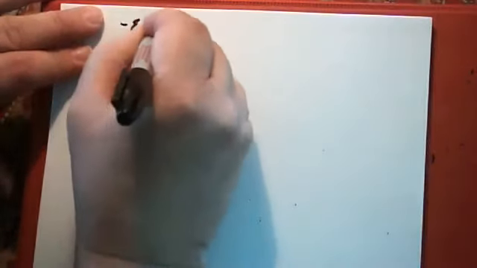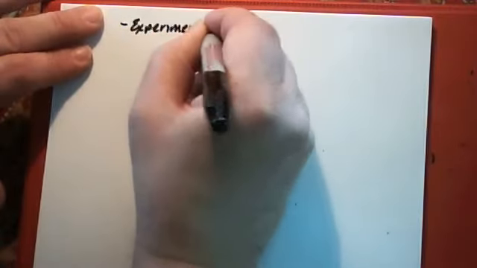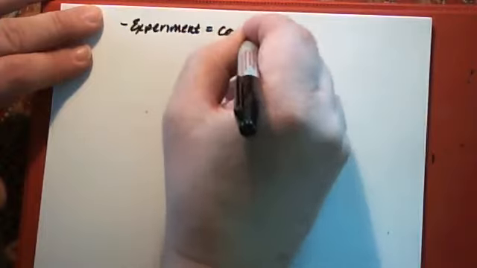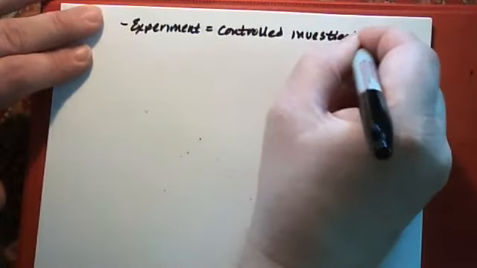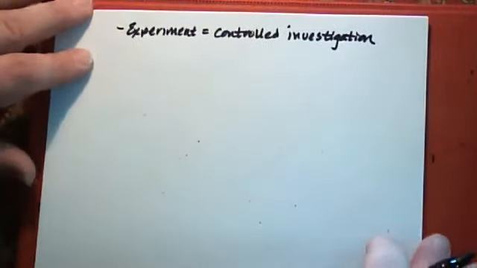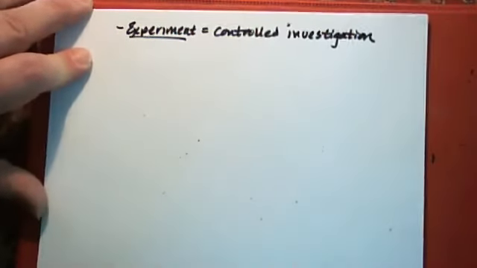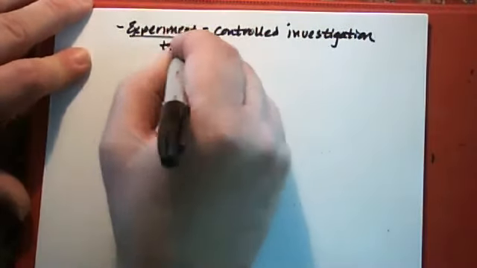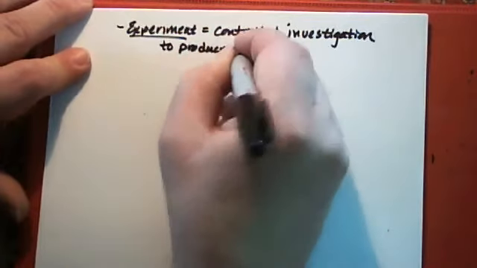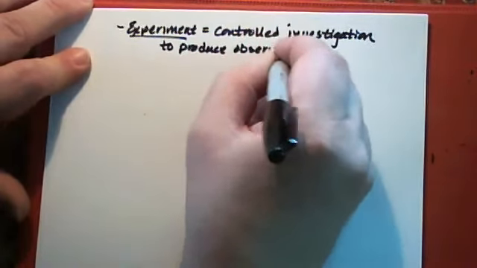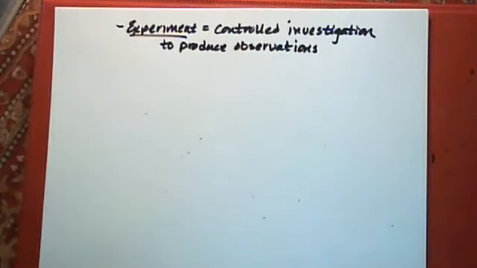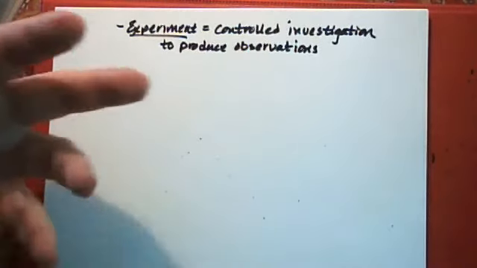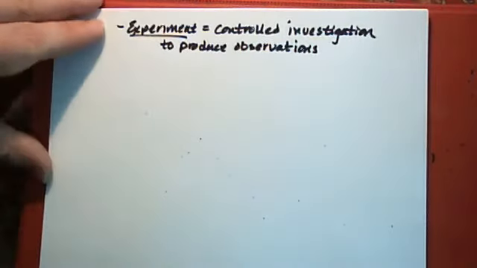Okay, so an experiment would be an investigation of a situation under controlled conditions. And the purpose of an experiment would be to produce observations, usually in order to test or to formulate a hypothesis.